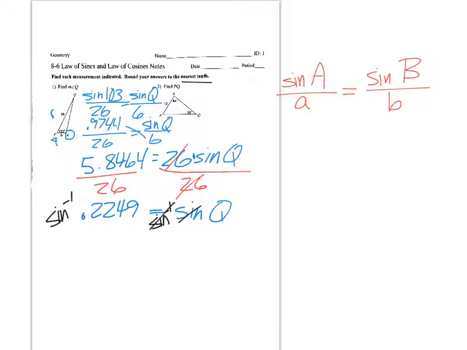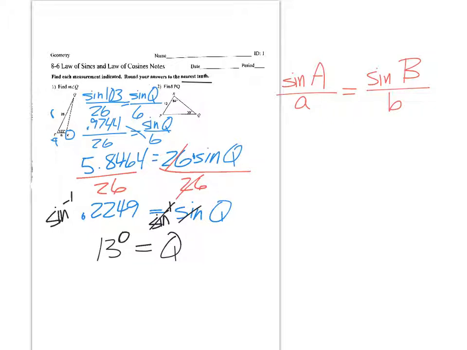I get 13 degrees. Sorry, my degree symbol didn't show up. Let me do that all over again. 13 degrees is Q. Now, remember what we said: because this was 26, this angle was big, 103. This is small, 6, so this should be a small angle, 13, and that makes sense.